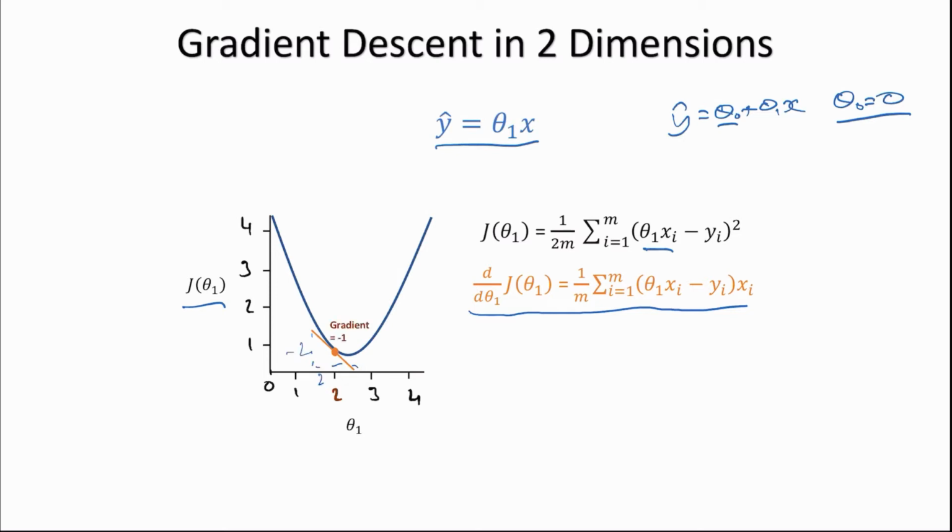Or we can use our derivative function here, simply plug in theta 1 as 2, and we get minus 1, which is a much more efficient way of calculating the slope of our function at any given point. And gradient descent essentially utilizes the derivative function to reach our minimum point here. How that is done, I will show you guys now.